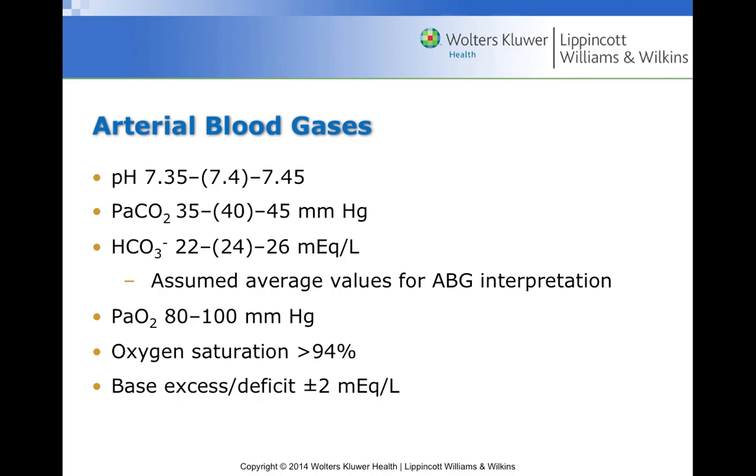Here are your normal values that are also pointed out in your chart on page 271. The main ones you will be looking at are presented here as your first 3 bullet points: your pH, your PaCO2, and your HCO3.